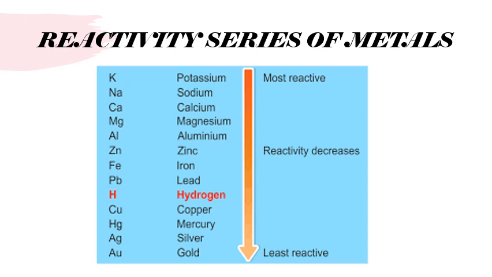So from the activity series you can easily find out that potassium can replace sodium, and sodium can replace calcium, and potassium can replace sodium as well as calcium and all the metals placed below potassium, and the same is true of other metals. The metals placed at the top, like potassium, sodium, calcium, magnesium, are highly reactive, whereas the metals placed at the bottom, that is gold, silver, mercury, copper, are least reactive.